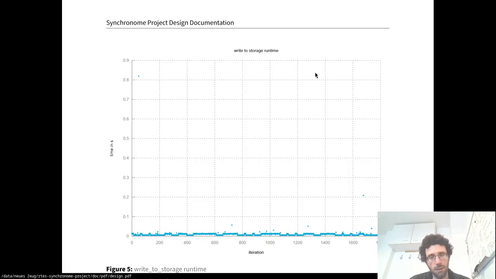My theory is that this is because the operating system actually buffers write operations and only occasionally synchronizes these write operations to persistent storage, and that's why occasionally one single write operation takes so long. That's the times when the operating system synchronizes pending write operations to storage.